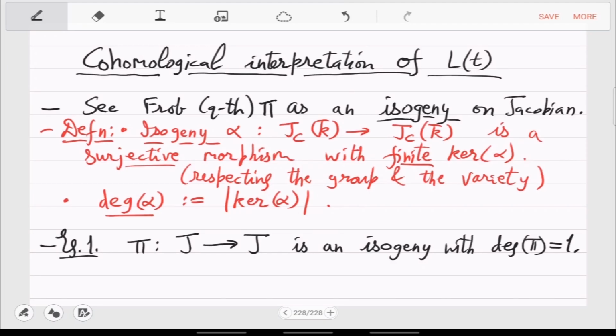So it's basically an automorphism of the Jacobian. But there are more interesting isogenies. So take a number n and define multiplication by n.